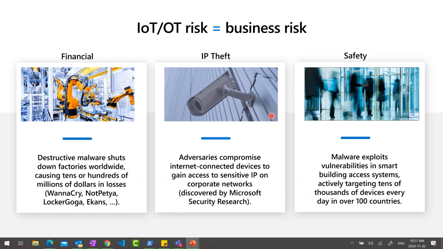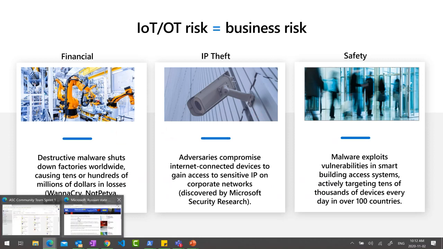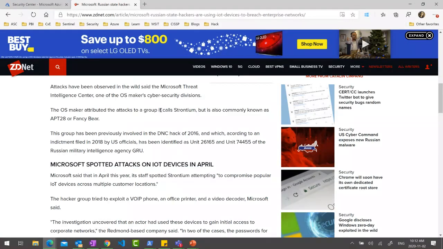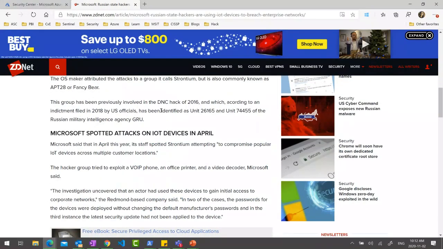Recently, last year, I'm sure many of you might have heard about this through our Microsoft Threat Intelligence reports. Microsoft reported it had discovered a campaign compromising popular IoT devices across multiple customer locations, right? I'm sure many of you have heard about it. Let me take you to that news article. I have it open for the sake of time. So this is a news article that talks about it.